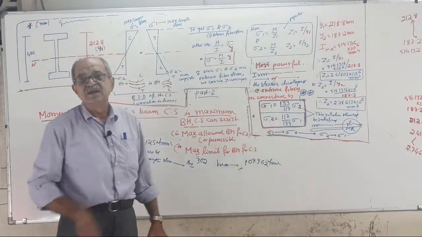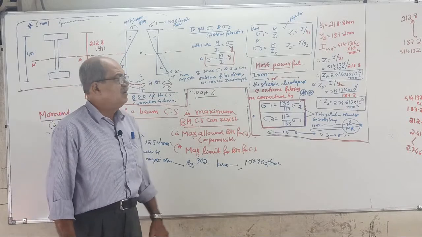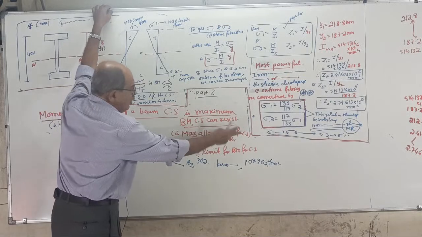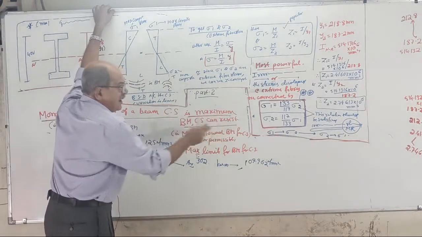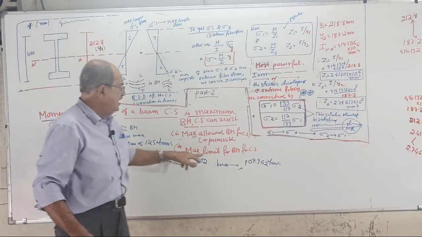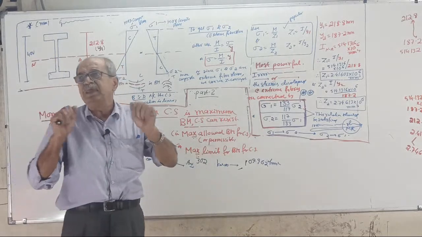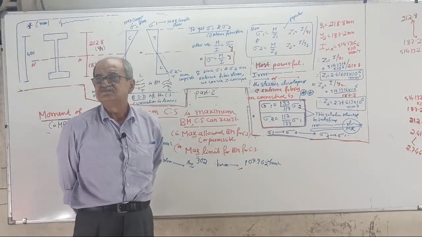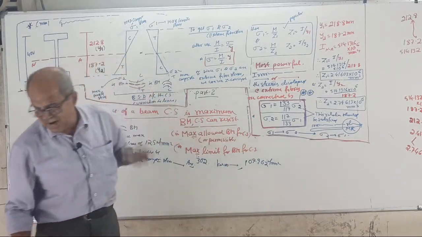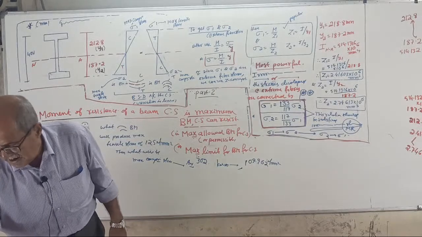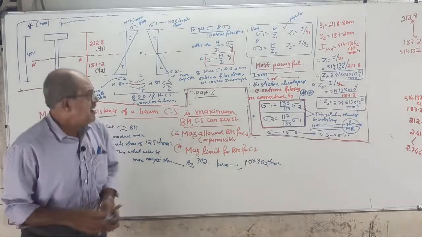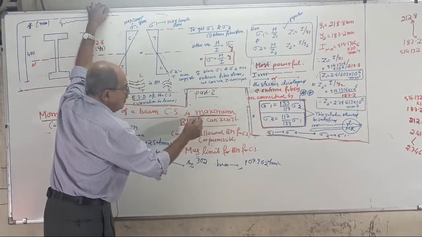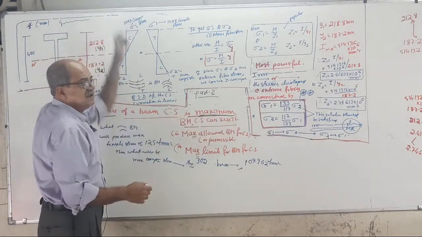I tell him, keep quiet, don't argue with me. Then he will say okay. So it is for the cross section: maximum allowed BM for the cross section, or permissible BM for the cross section, or the maximum limit of BM for the cross section. Now, one simple statement I will give you. First, understand that one. Remember, the word maximum is important.